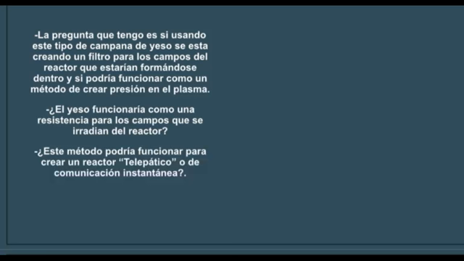Well, I'm thinking about creating a plasmatic pressure in a reactor inside of the half sphere.